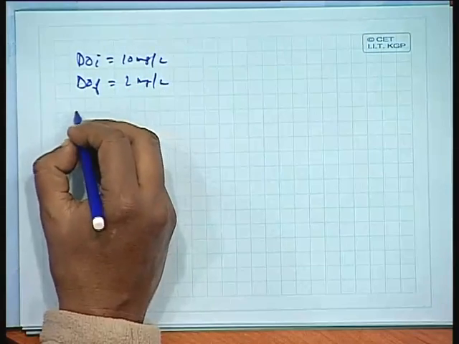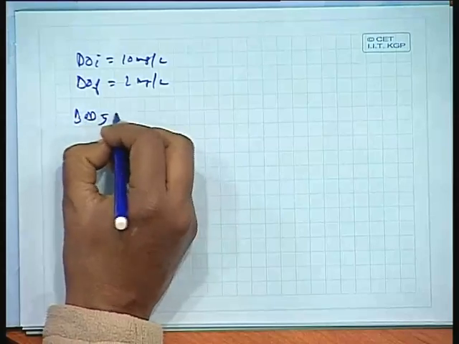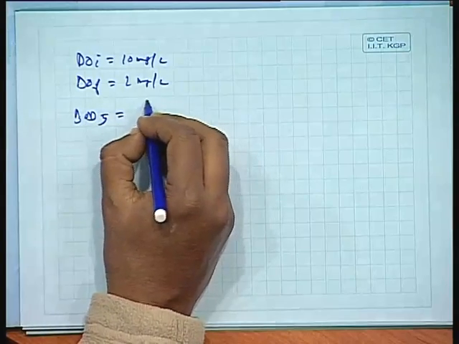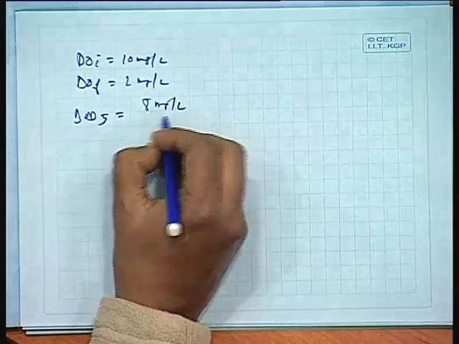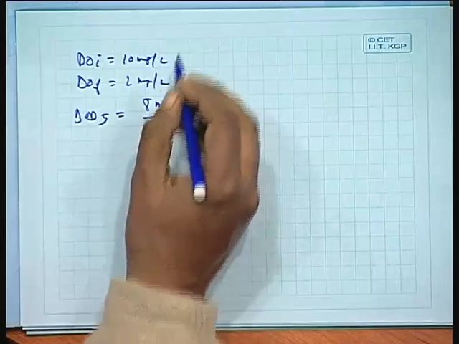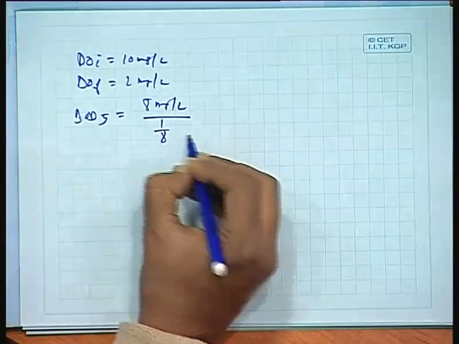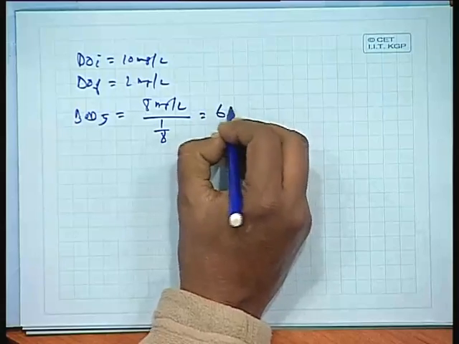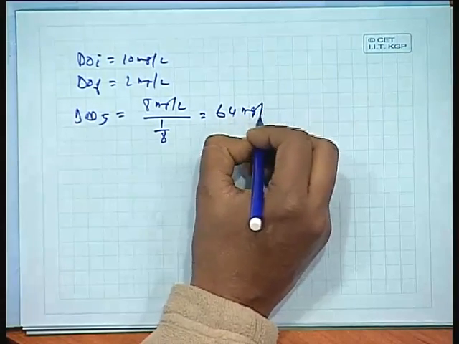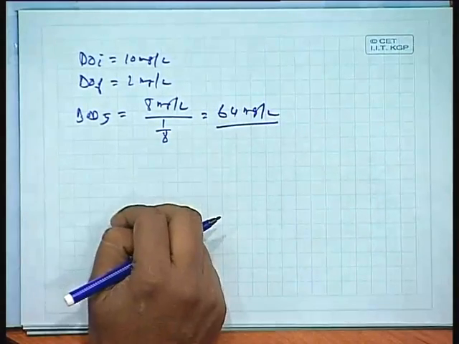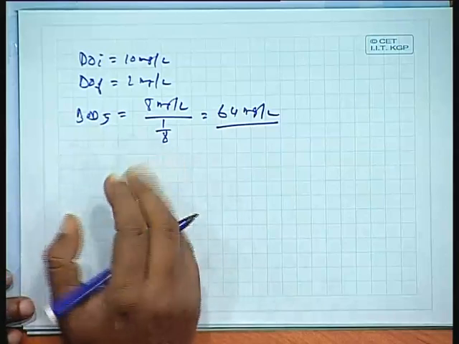So, BOD 5 would be 8 milligram per liter divided by 1 by 8, which is 64 milligram per liter. This is as simple as that.